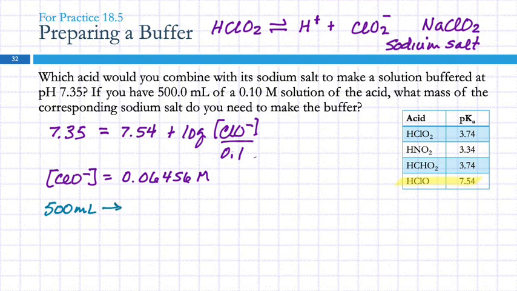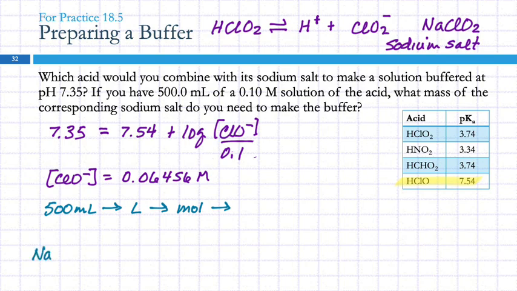We can convert that to liters, which we can convert to moles using the molarity, right? Because this is how many moles per liter. How do we convert moles of this into grams? Yeah, we're going to use the molar mass. So remember, we're doing the sodium salt.